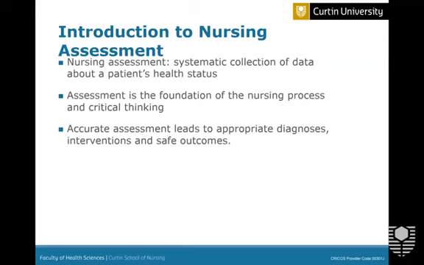Now, our reason for being systematic in the ways we collect data and the way we report data is that it is important in giving us a really good status or update of where the patient's health condition is at the time.